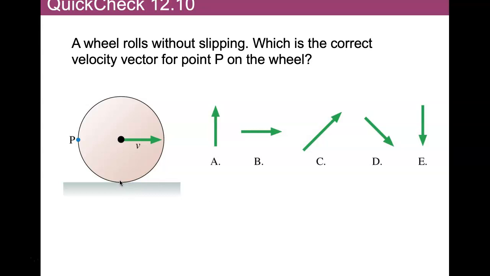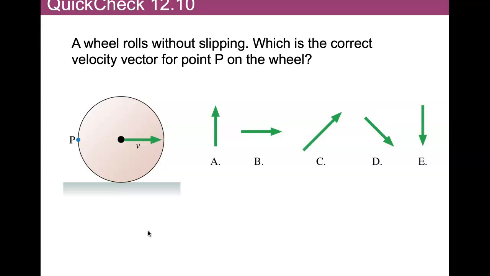If I draw a line from the instantaneous point of contact, the instantaneous axis, to P, then the velocity is going to be perpendicular to it, because as it's rolling this way, it's rotating clockwise. So C is the only one that has the right direction.